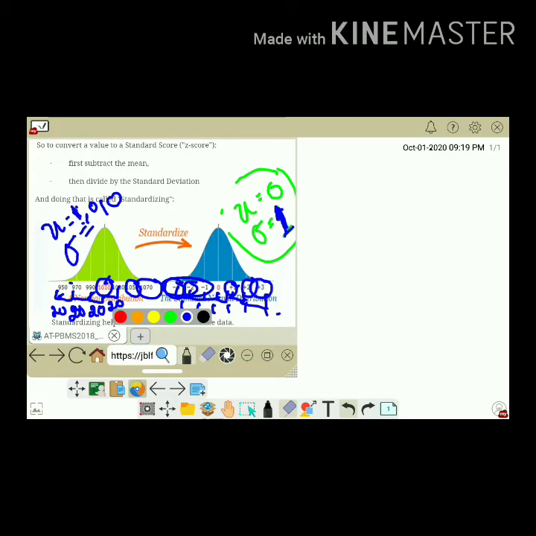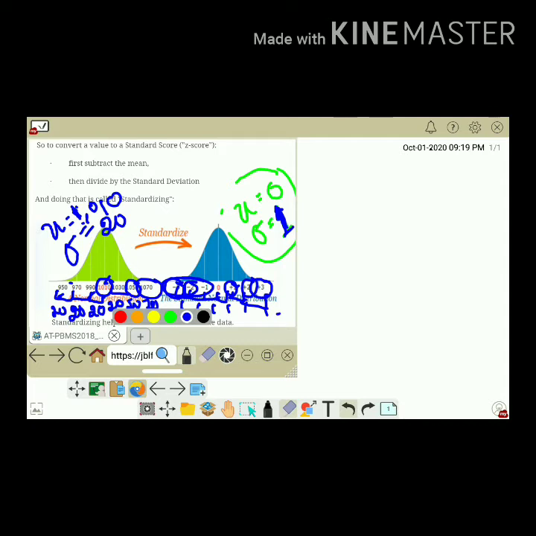Here, as you can see, 130 minus 110, that is 20. 1050 minus 1030, that is 20. And 1070 minus 1050, that's still 20. So we can say now that the standard deviation for this one is 20.